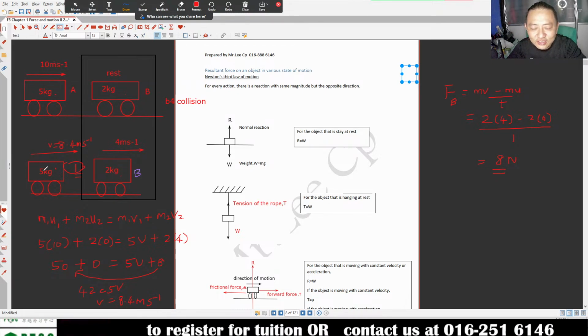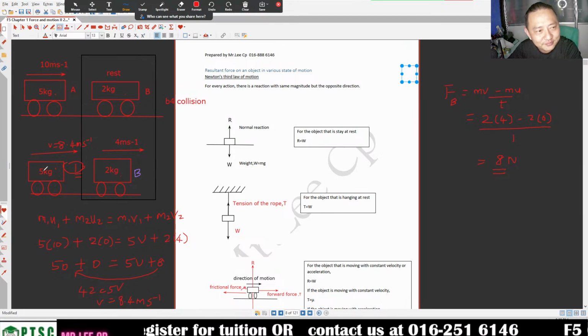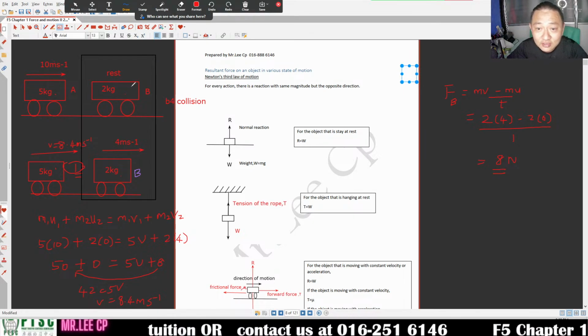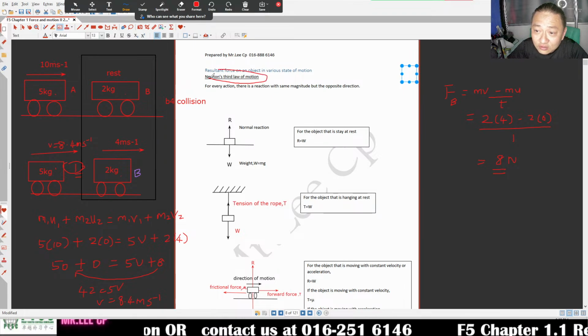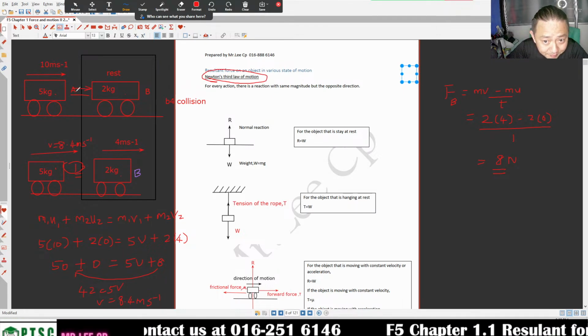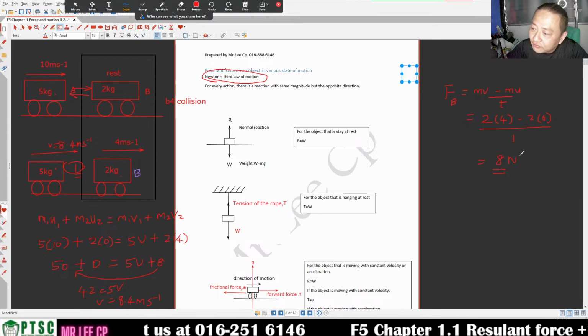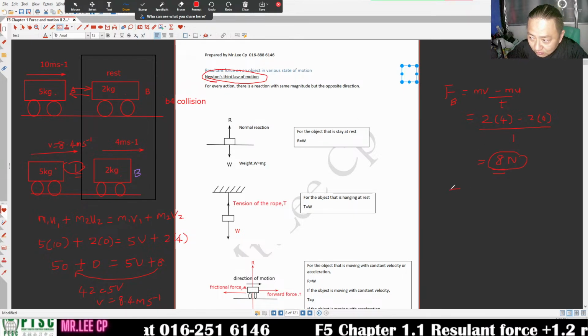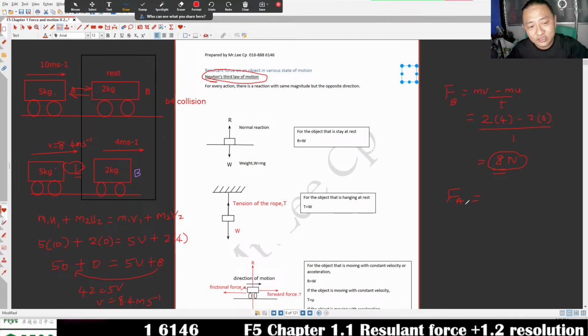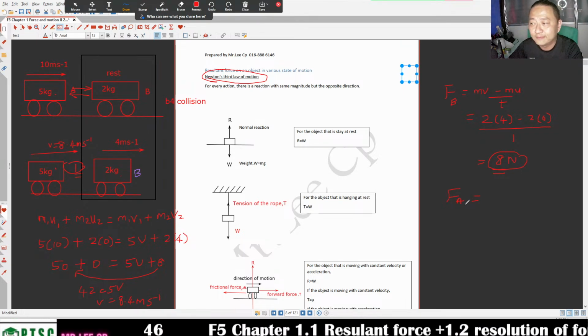What do you think trolley A will get? This is called Newton's third law. Newton's third law says when there is any action, there will be a reaction back to you. So if this one is 8 Newton, I believe the force on A is also 8 Newton, but in the opposite direction. Later you will see negative. Believe me?